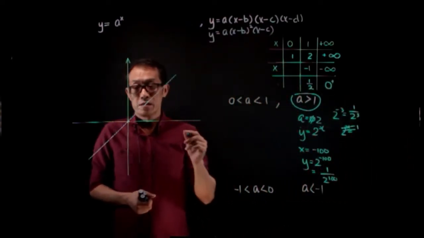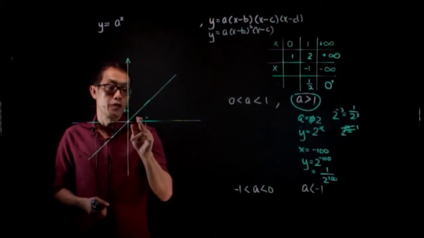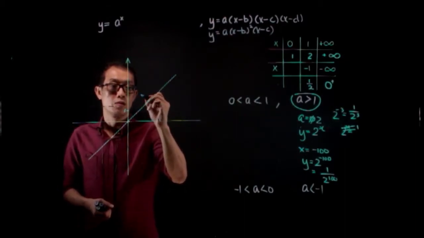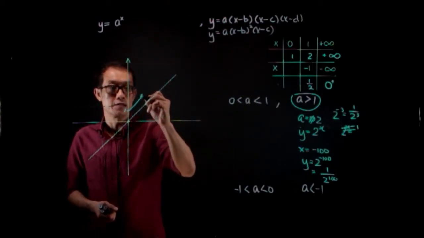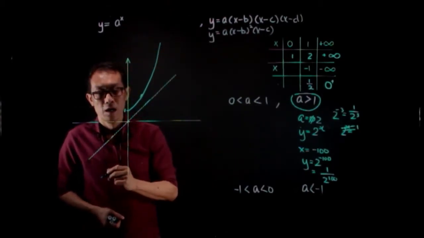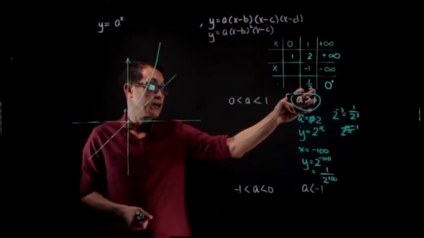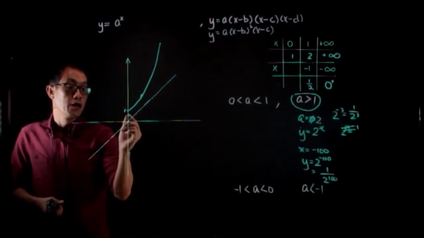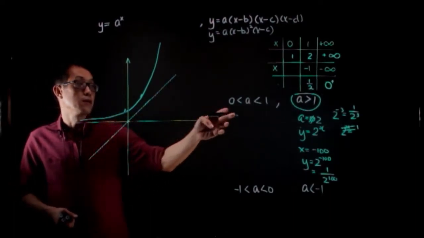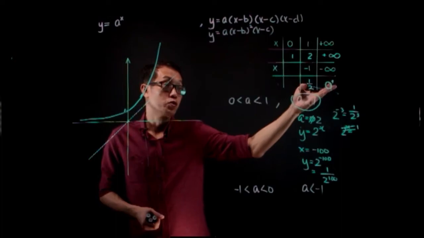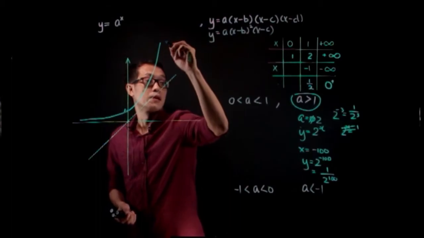So if we sketch this, let's say this is 1. When x is 1, this is 2. Then when x is very large, this will be super large. So your graph will look something like this, and it just tapers off and gets very close to the x-axis, because when x is super huge, it will be very close to 0 but positive.